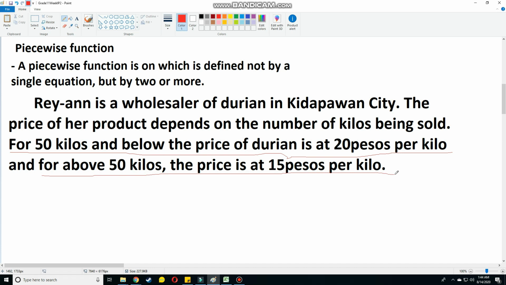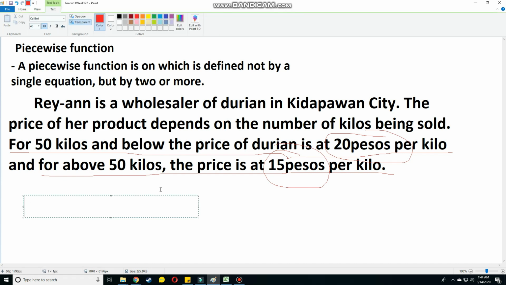So as you can see, this is the boundary, the condition that we have, and that is why the value would change from 20 pesos to 15 pesos. It is very important for us to be vigilant on these conditions or boundaries so that we would know what to do. Now, let us continue.